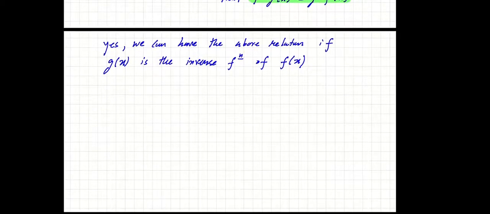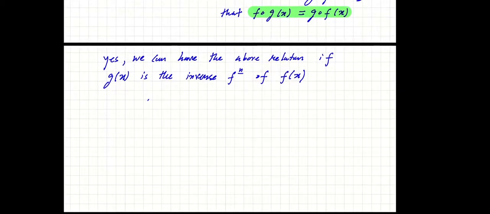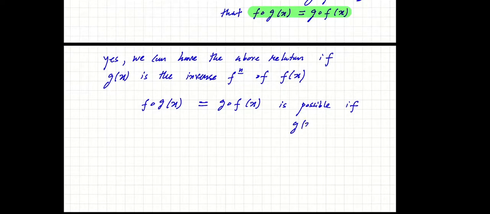So what it says is f∘g equal to g∘f is possible if g(x) is equal to the inverse of f.